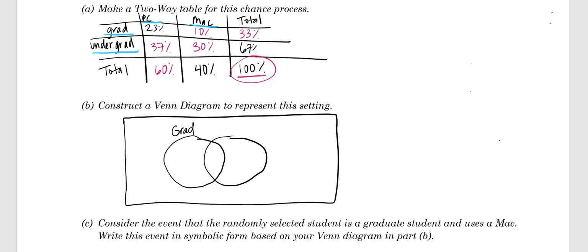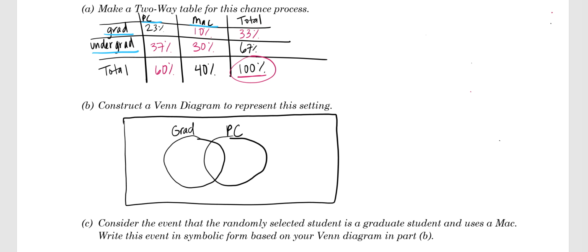Well, if you're a graduate student, you are not an undergraduate student. And these 2 circles have overlap, which means that this cannot be the undergraduate circle because I can't have a section that's both graduate and undergraduate. So I have a choice. This second circle, and it does not matter, can either be PC or Mac. I am going to make it PC.